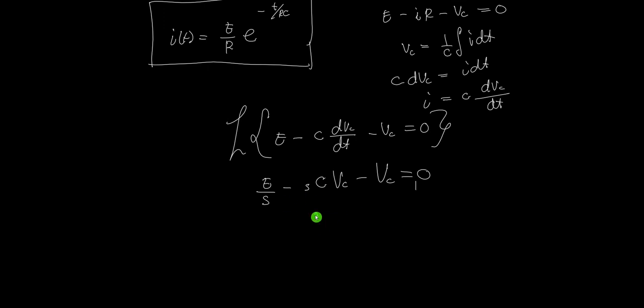So Vc times (SC plus 1) is equal to E over S. Therefore, Vc is equal to E all over S times (SC plus 1).